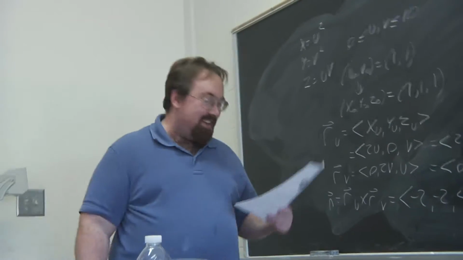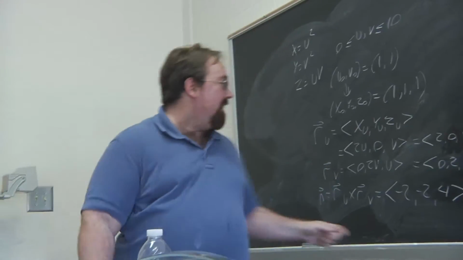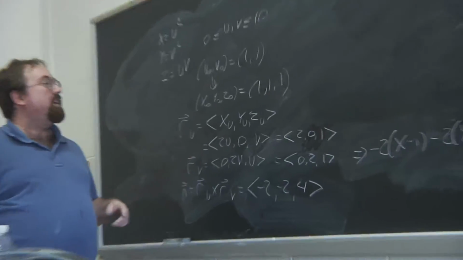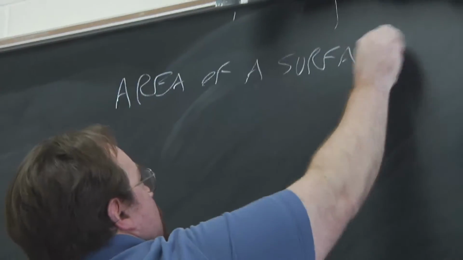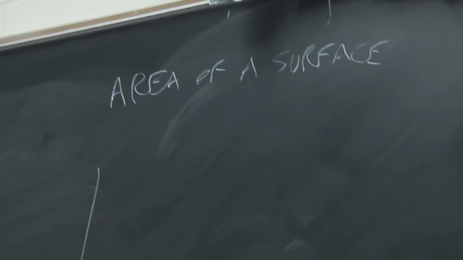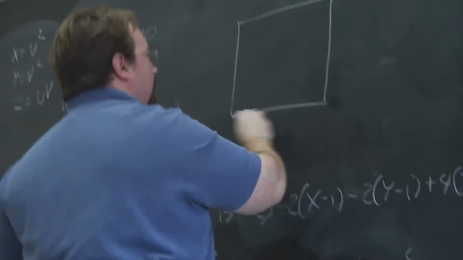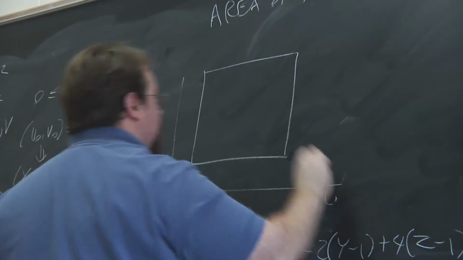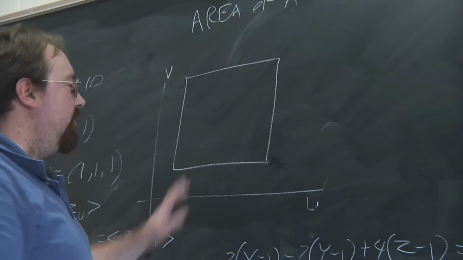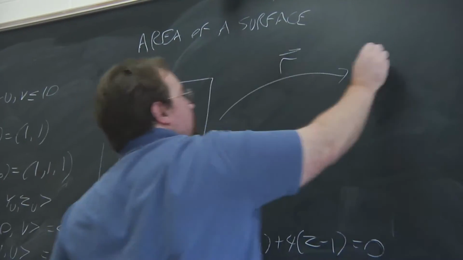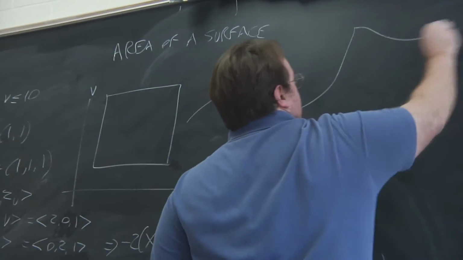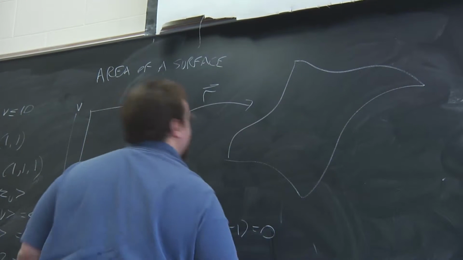All right. Now, another thing that these vectors RU and RV are useful for is area of a surface. So, if we have a rectangle, say in the UV plane, doesn't have to be a rectangle, but for simplicity we'll make it that. That's being mapped by your parameterization into a surface.